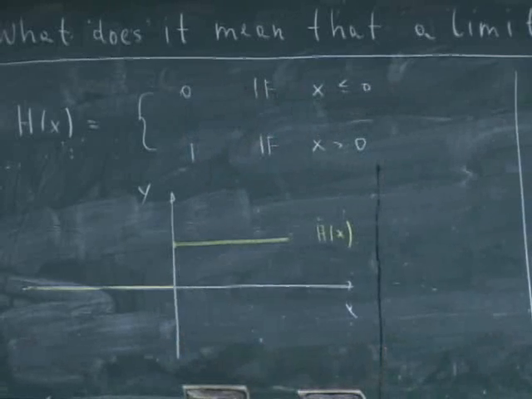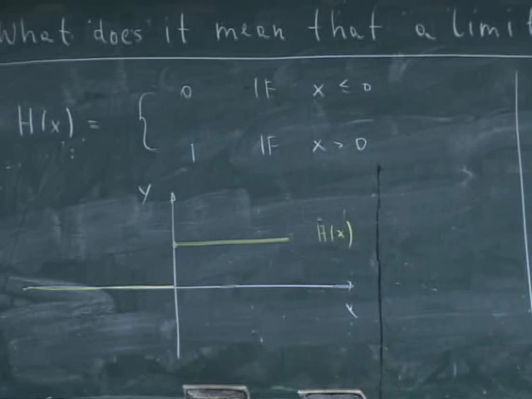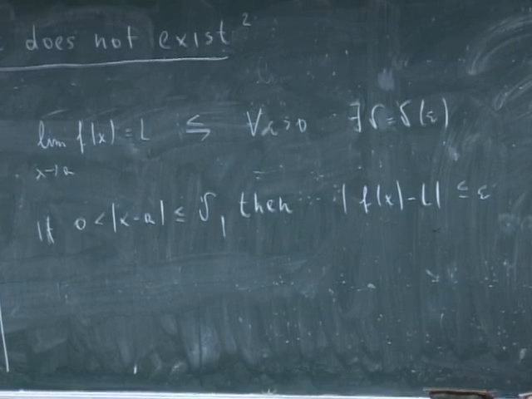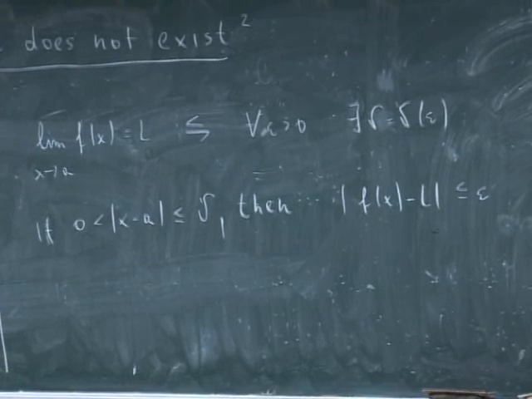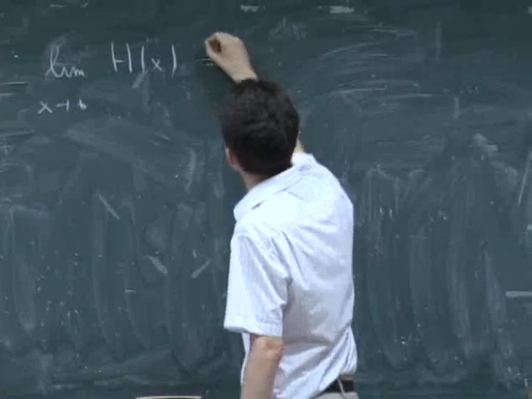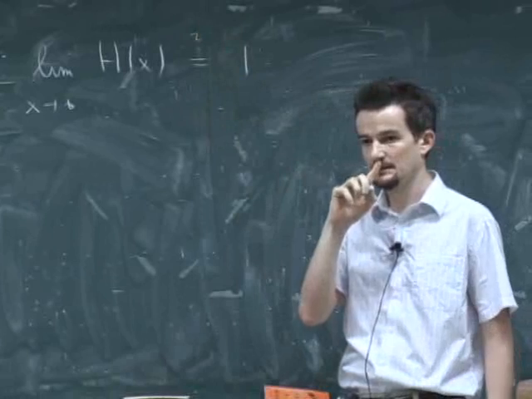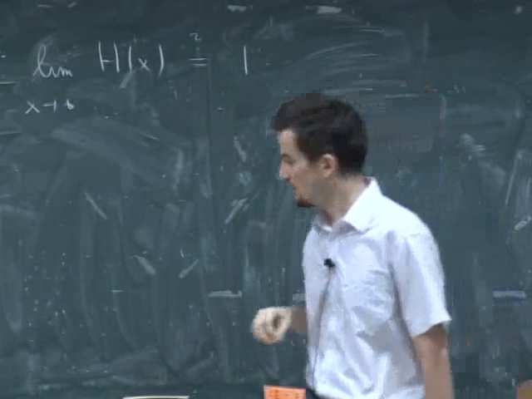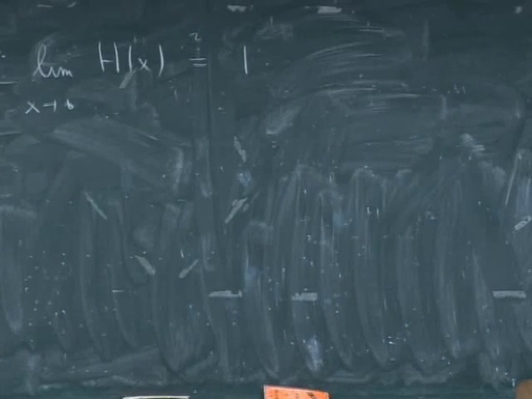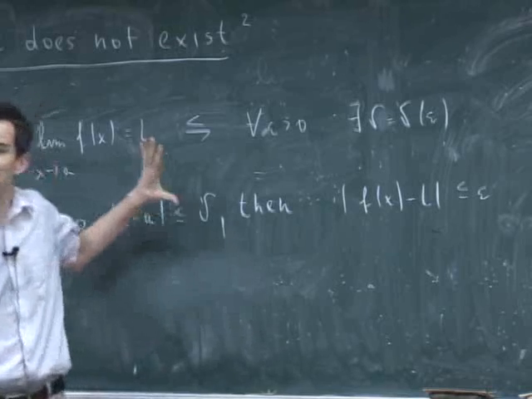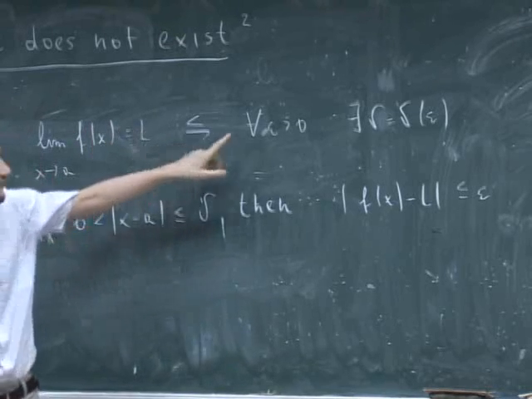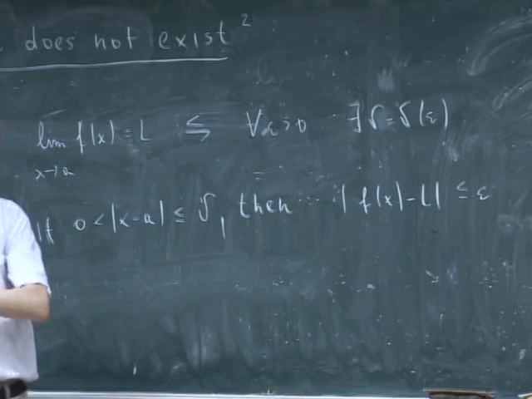Okay, so for this case, how are we going to prove it? Look, just looking at the definition, why is the limit of h of x as x tends to 0 not equal to 1? Why is this not satisfied? Now you see, normally if you negate something like this, logically, for all will become there exists and so on.